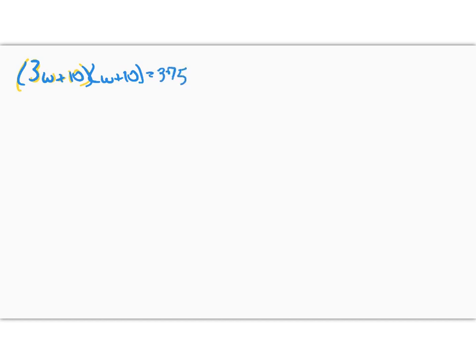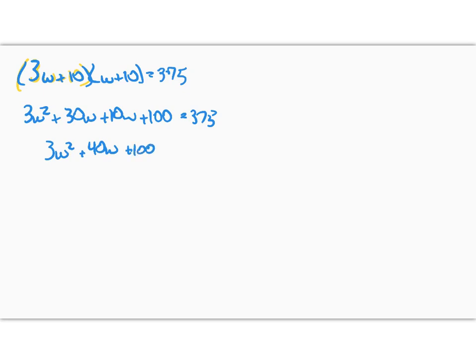So we're going to FOIL it. We get 3W squared plus 30W plus 10W plus 100 equals 375. We get 3W squared plus 40W plus 100 equals 375.